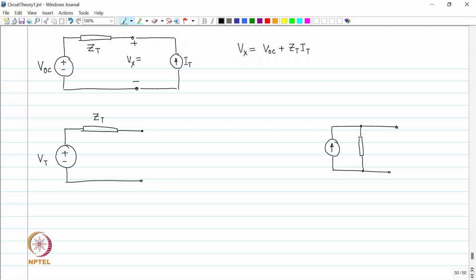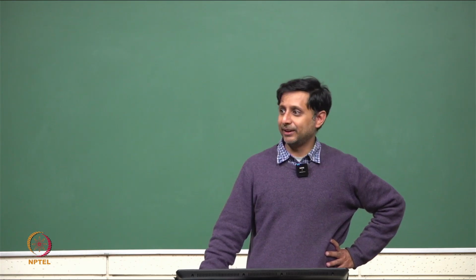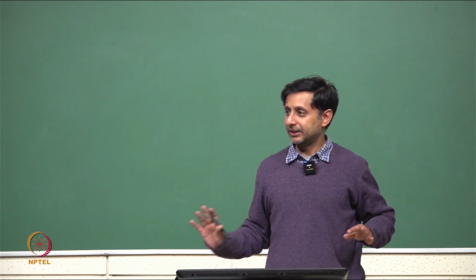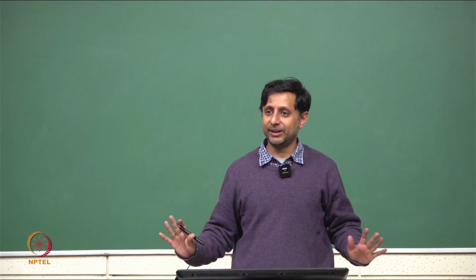So, let us start with a battery, a real battery, right, one which is practical, not an ideal voltage source. You could use Thevenin, you could use Norton, there is no choice to be made, both are equally good.